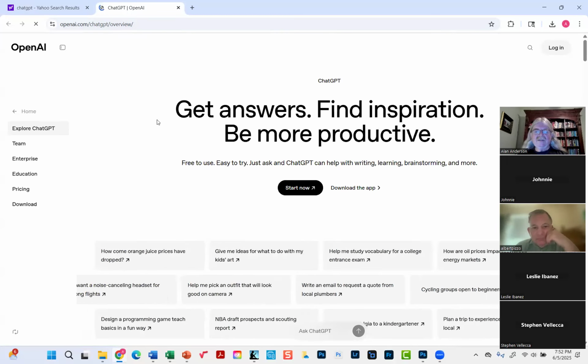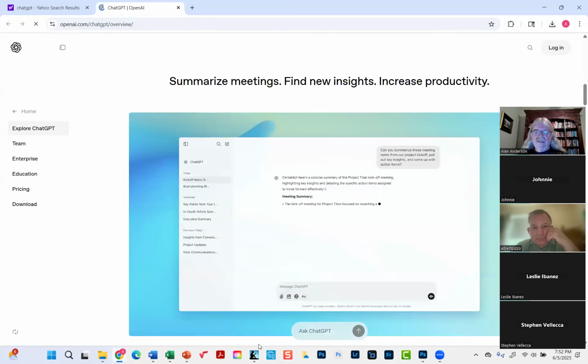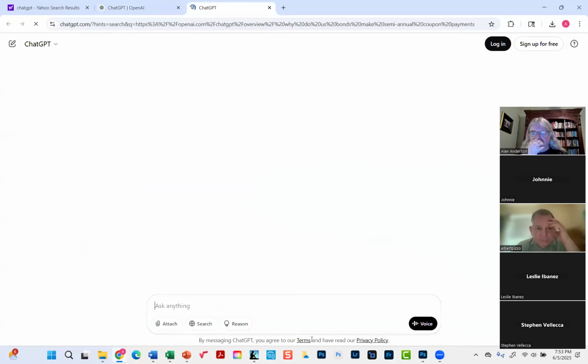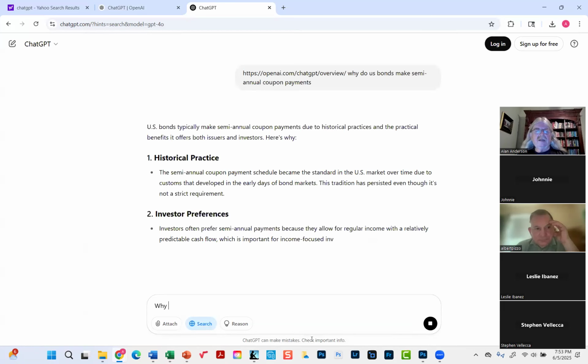Anyone out there know how to use this stuff? I don't. Oh, right here. Why do US bonds make semi-annual coupons? Wait a minute. What happened to my question? Oh, here it comes.